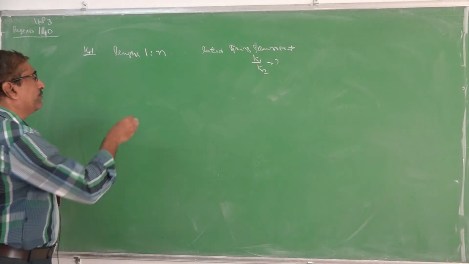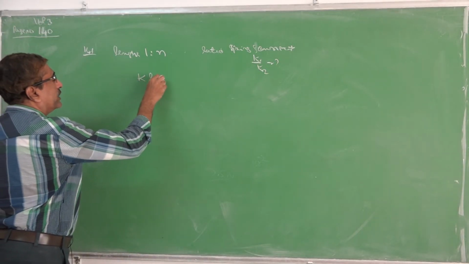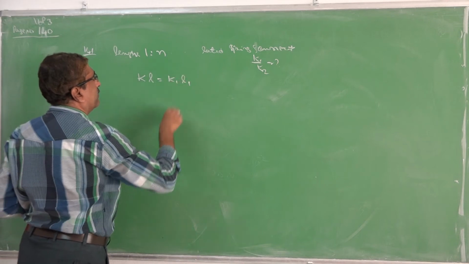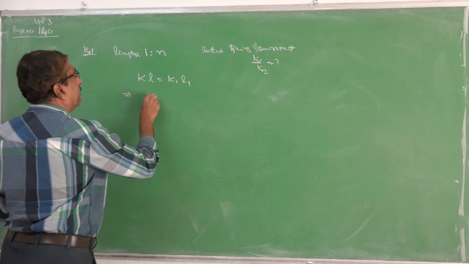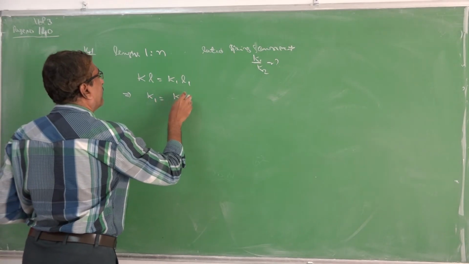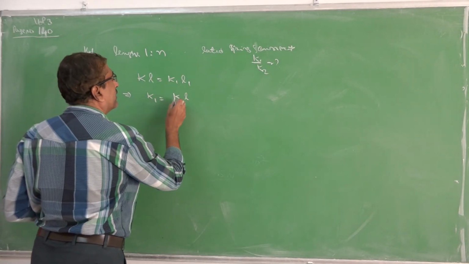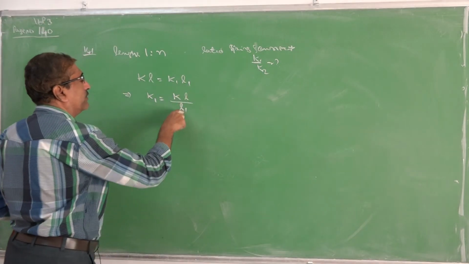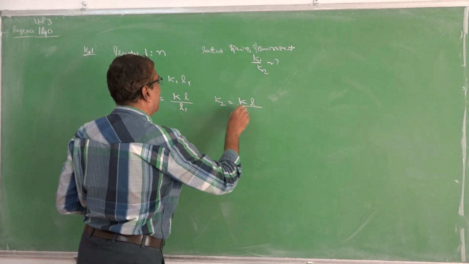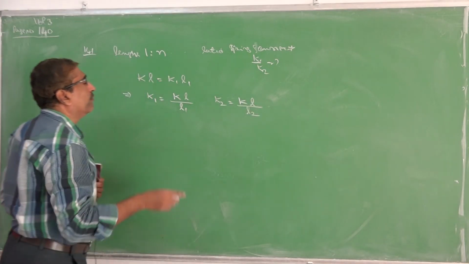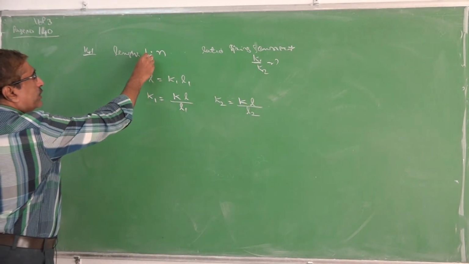As we know, KL, that means the initial one, is equal to K1 L1. So that implies K1 is equal to KL, original length, by part of the length, and K2 is equal to KL by L2. But the lengths are in the ratio 1:n.